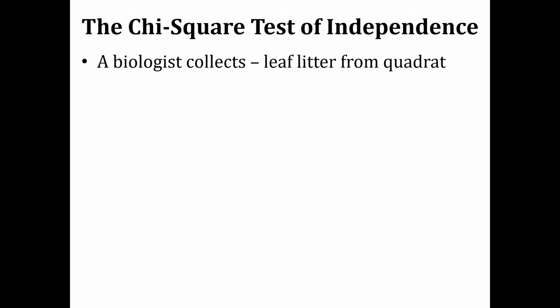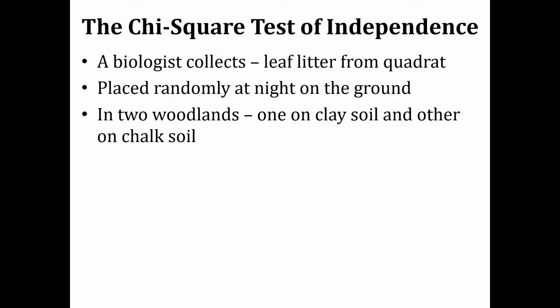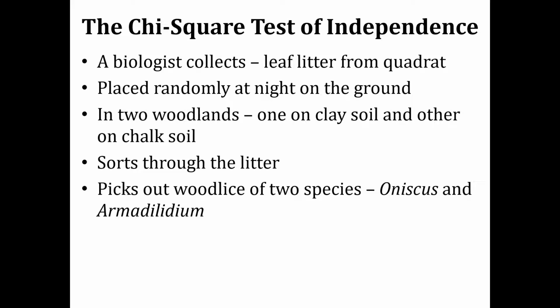Now we will see an example. A biologist collects leaf litter from quadrats, which are placed randomly at night on the ground in two woodlands, one on clay soil and the other on chalk soil. Then he sorts through the litter and picks out wood lice of two species, Oniscus and Armadillidium.